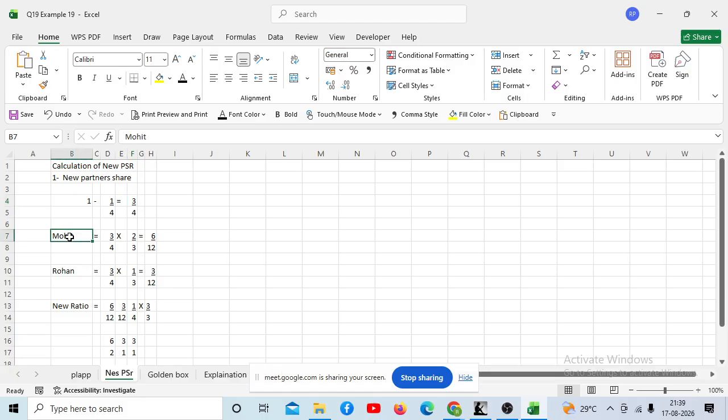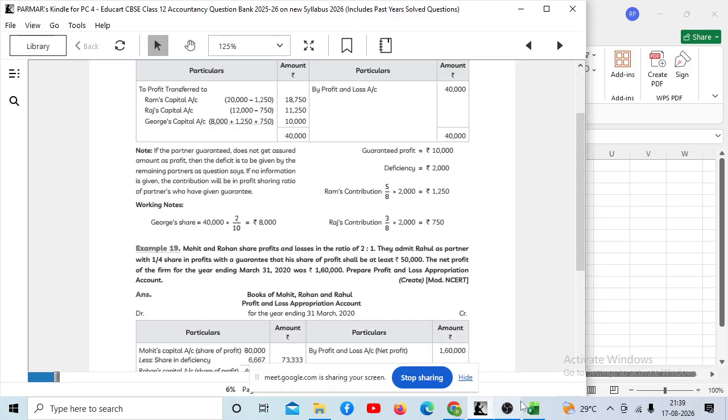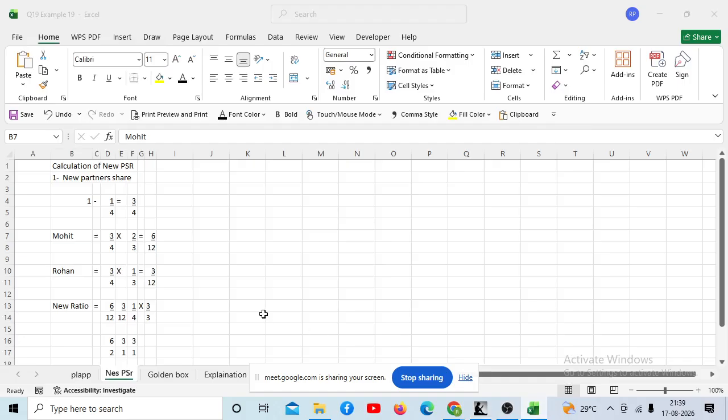So Mohit, how much will Mohit get? What is the remaining roti? 3 upon 4. And their old share is 2 is to 1. So 3 upon 4 into 2 upon 3, which comes to 6 upon 12 for Mohit.